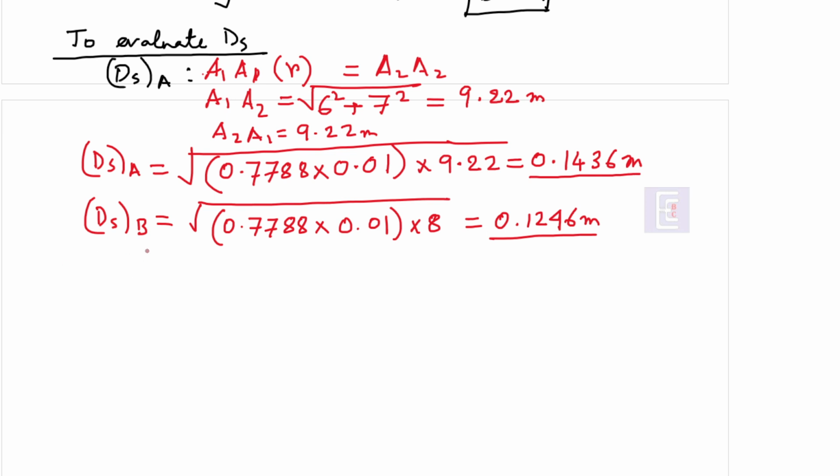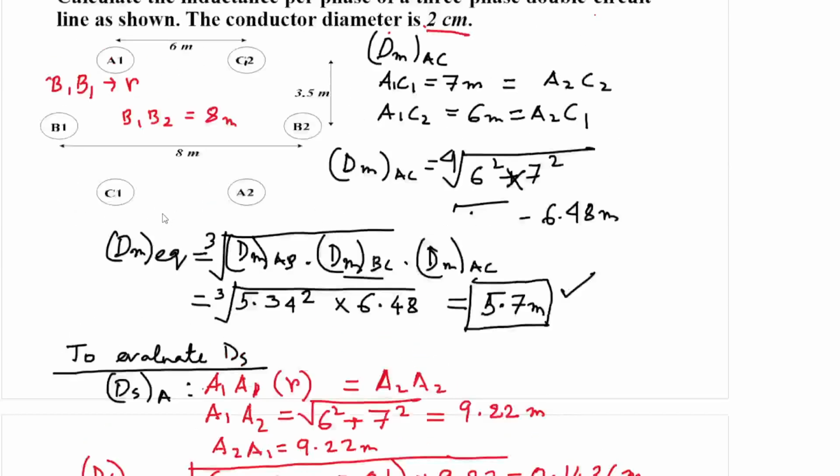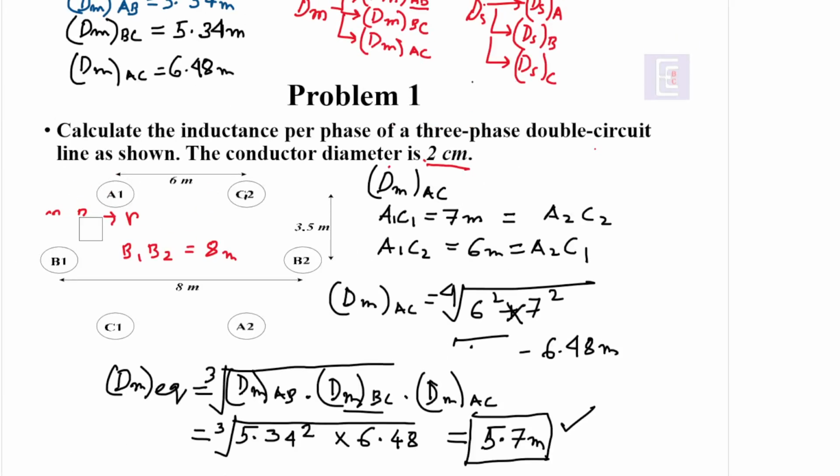And finally, when you calculate C, it will be the same as DSA, which is 0.1436 meter. Why? Because when you calculate C, it is exactly the same as A because of geometry. C1 to C1 is R, and C1 to C2 is exactly the same as A1 to A2.